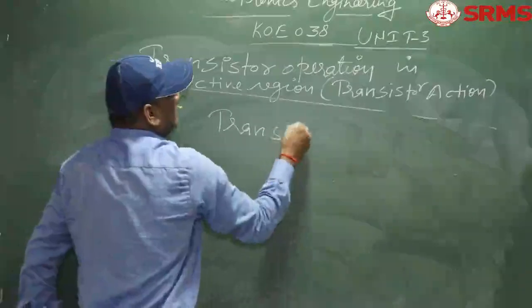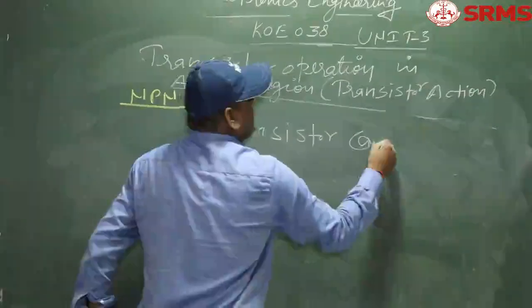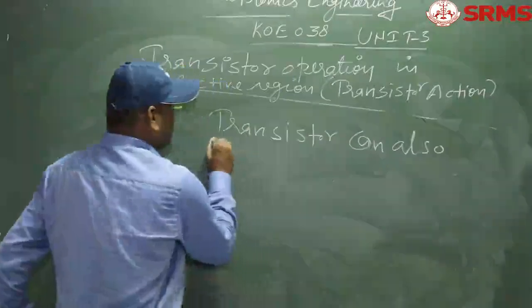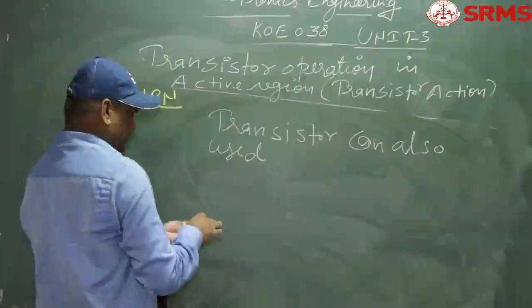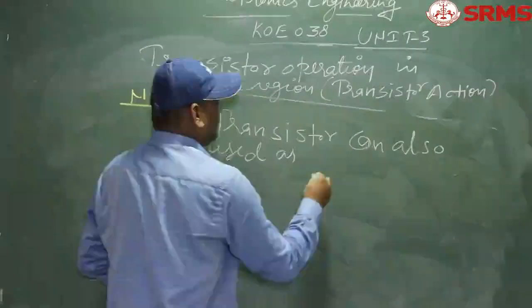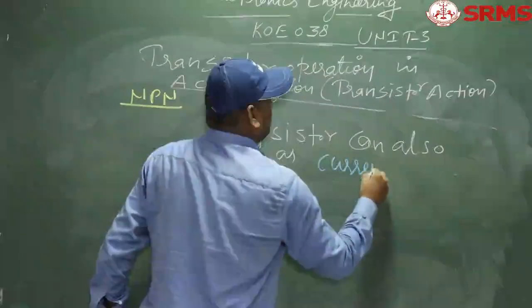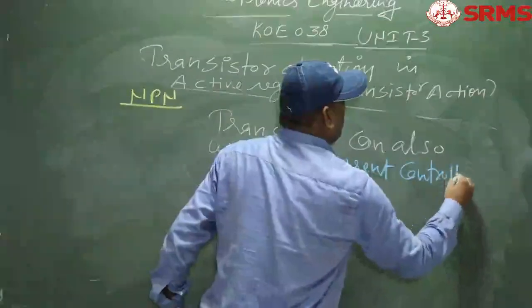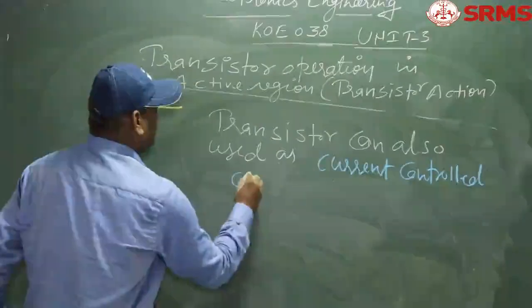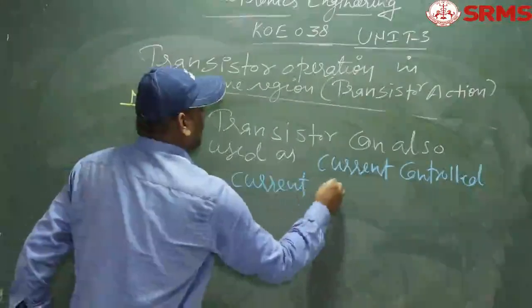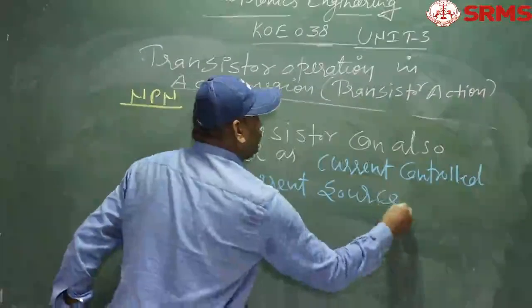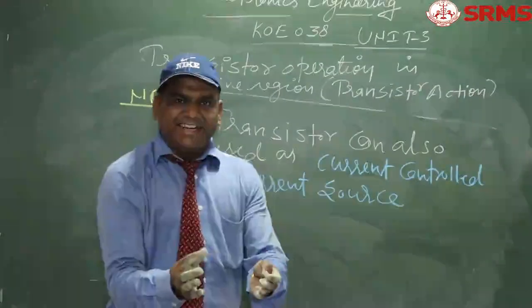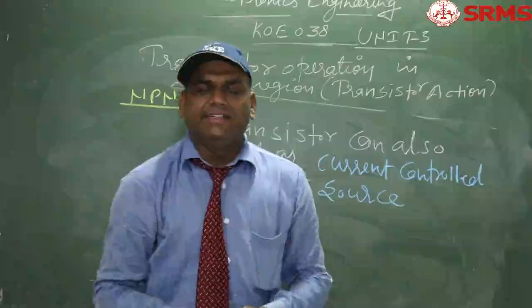Is that clear? So here in the active region, how can we use the transistor? The transistor can also be used as a current controlled current source. So the output current depends upon the input current.